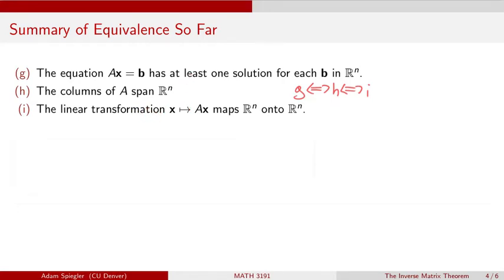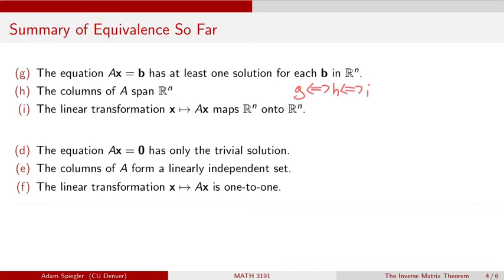So we can see G implies H and G implies I both ways. I implies G. So all three of these statements are basically saying the same thing. So we can add statements H and I to the collection of previous statements that we've proven are equivalent with each other. And we're not finished yet.